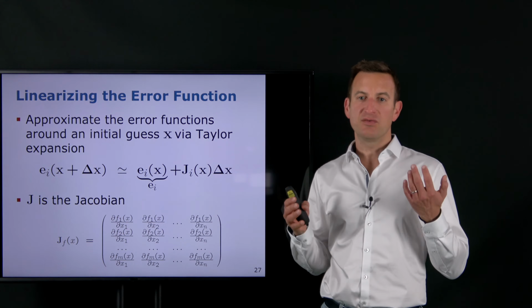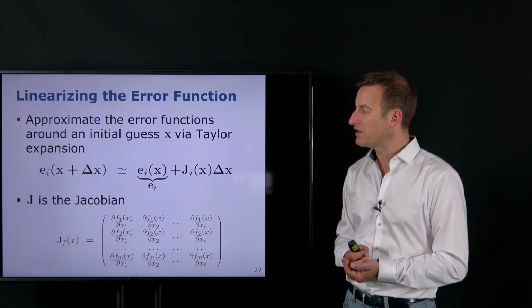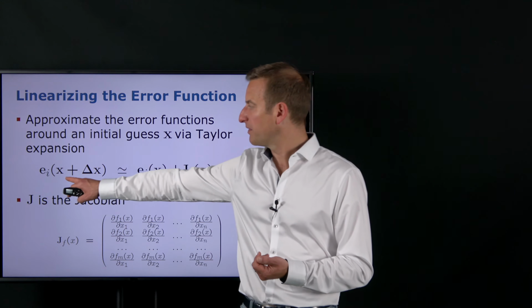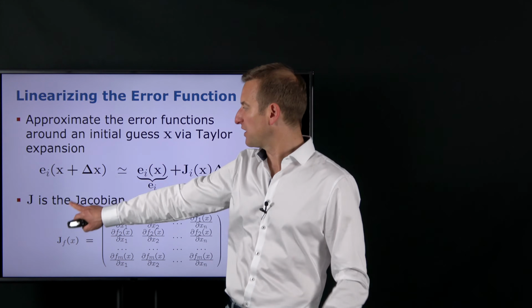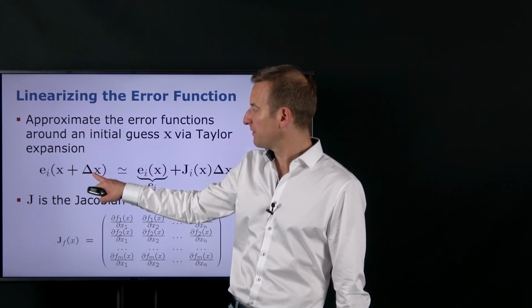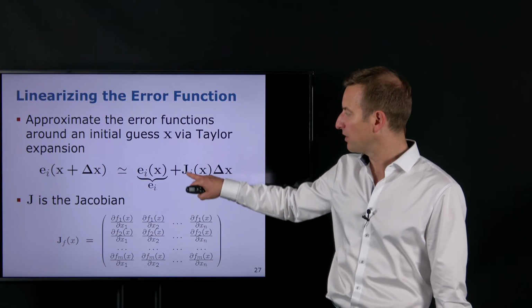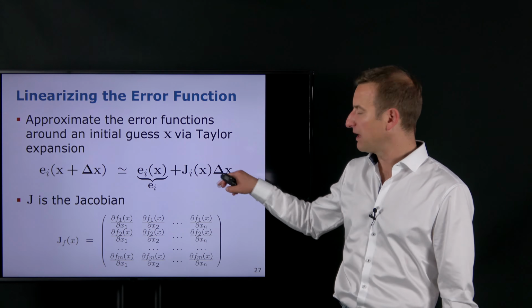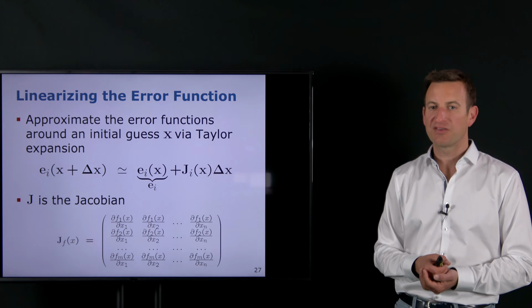If this is the case, I need to linearize my error function, which, as I said before in this short 5-minute intro, we are typically doing with a Taylor expansion, typically written in the form that my error vector at x plus, that's my linearization point, plus some variation from the linearization point delta x is the error evaluated at the linearization point, plus its Jacobian in the linearization point, times delta x, so how far am I actually away from my linearization point.